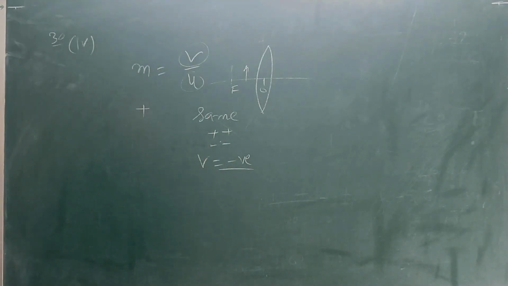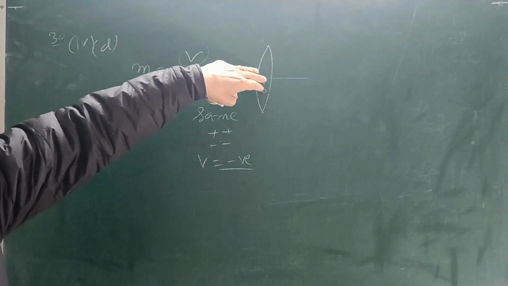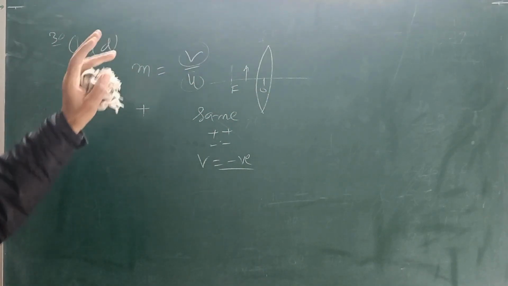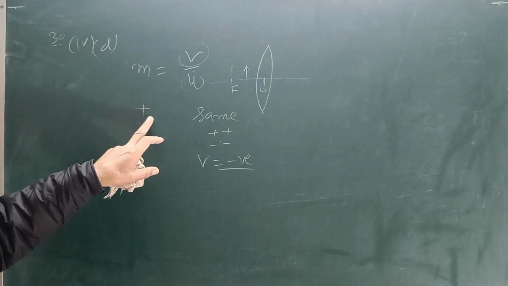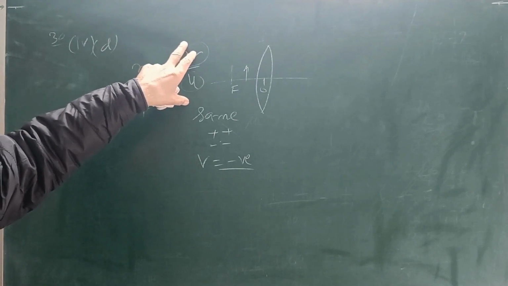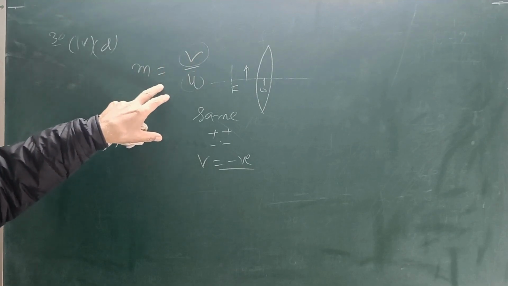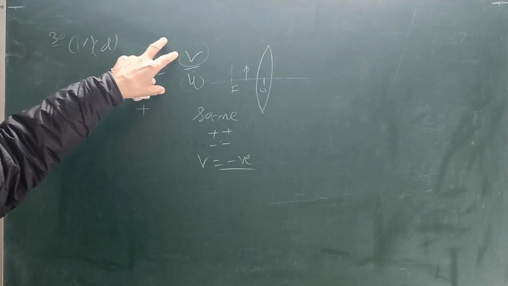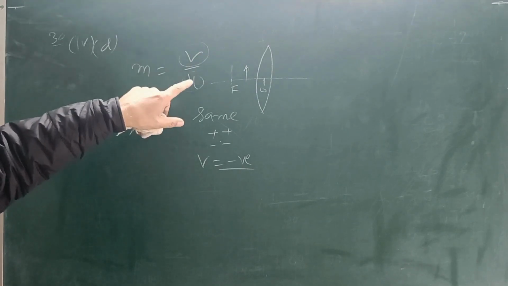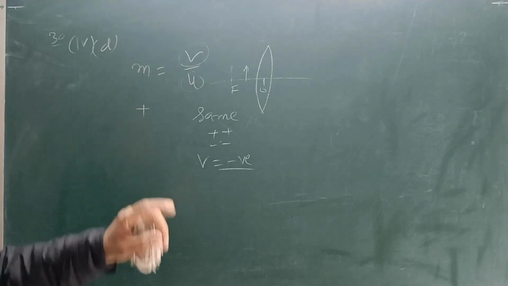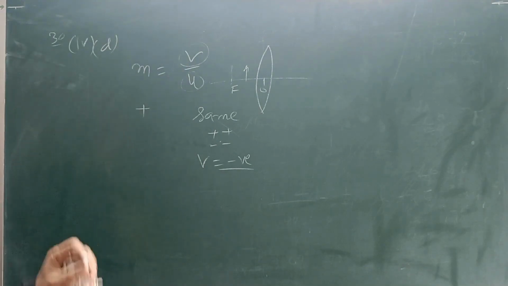So the correct answer is D, when the object is placed there, the image forms on the same side. Whenever magnification is positive, it means a virtual image is formed. In the case of a virtual image, the magnification will be positive for the lens, and so U and V will have the same sign. So correct option is D.